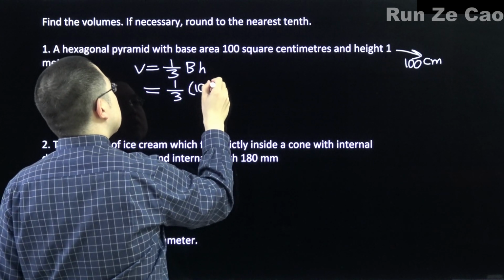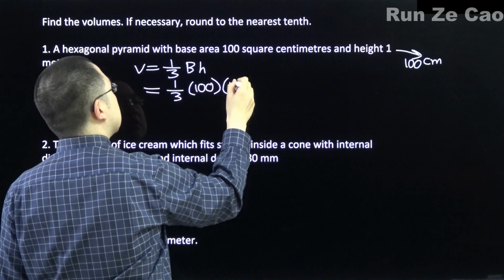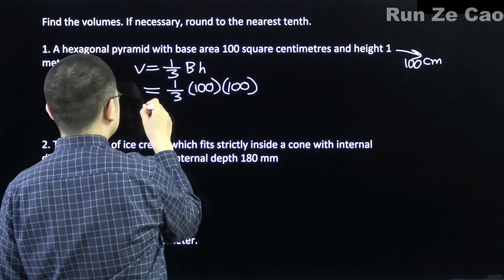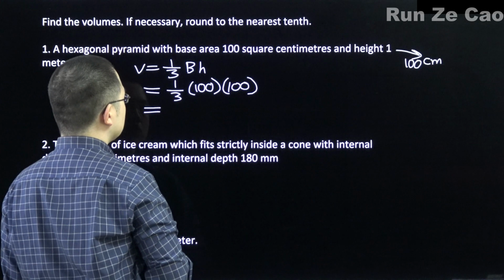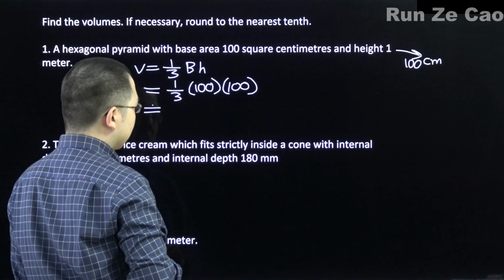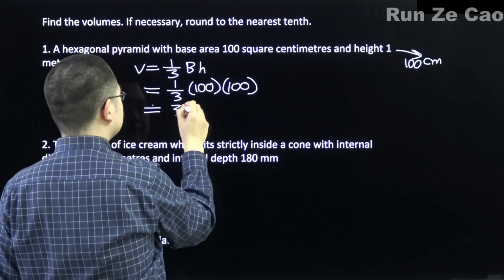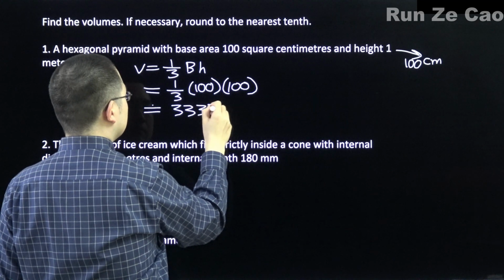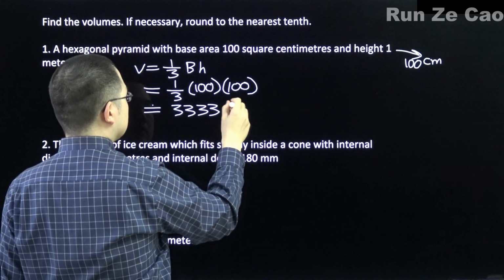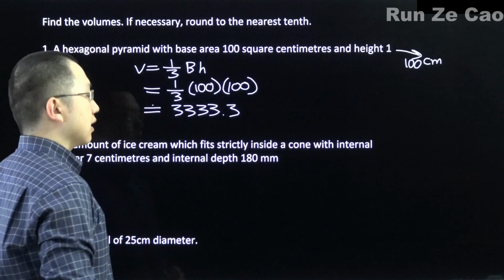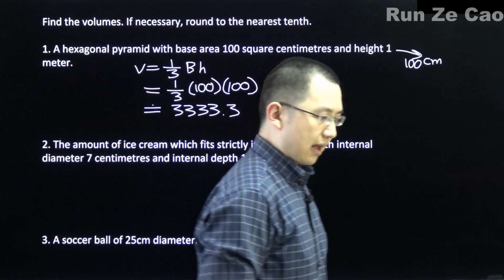So 100 times 100, which is equal to, because we divide by 3, instead of 10,000, we get this, 1/3 of 10,000.